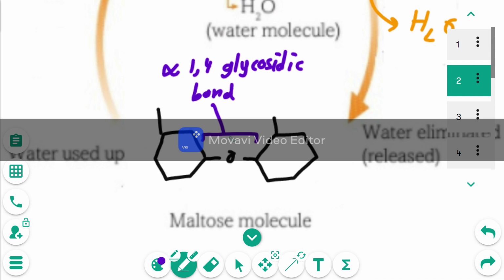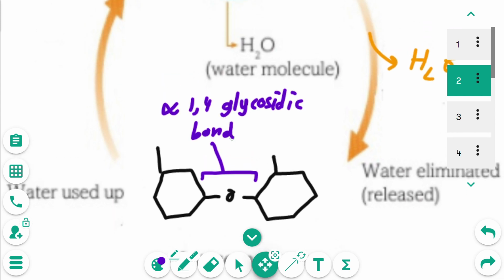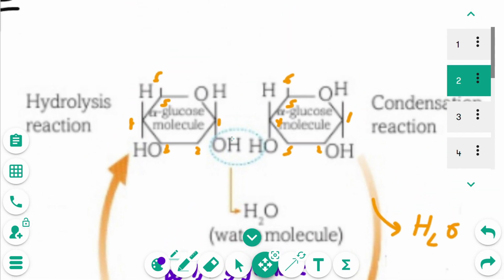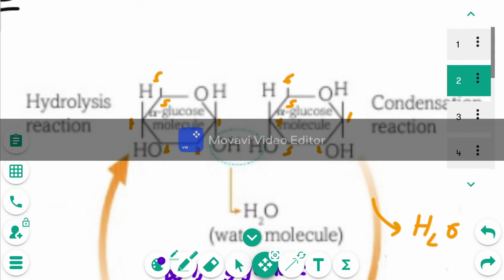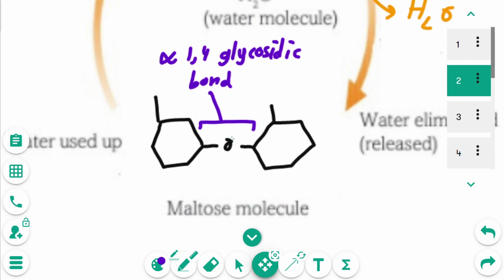The reason it's got this fancier alpha 1,4 name is because, one, both of these are alpha glucose molecules, and two, it's 1,4 because it occurs between the OH of carbon number 1 and the OH of carbon number 4 to produce maltose.